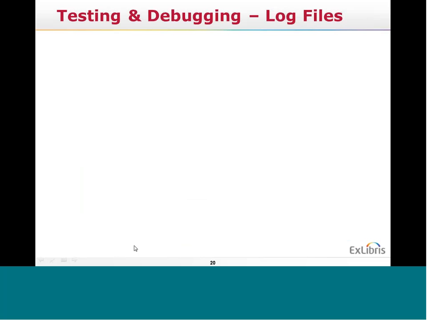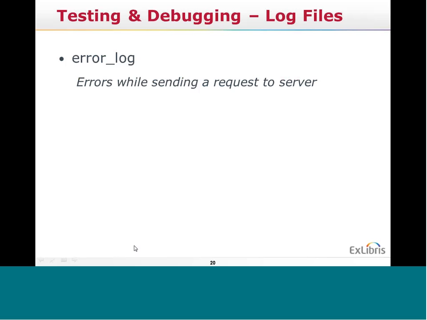Now, in addition to the debug tool, Apache log files can be used to debug requests that are sent to the SFX server. The log files that the Apache servers create are, first of all, error_log. So any error that occurs while sending a request to the server is logged in this file, error_log.